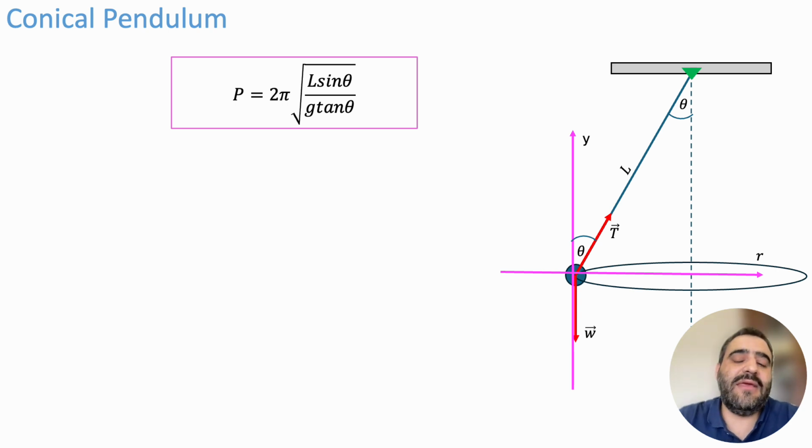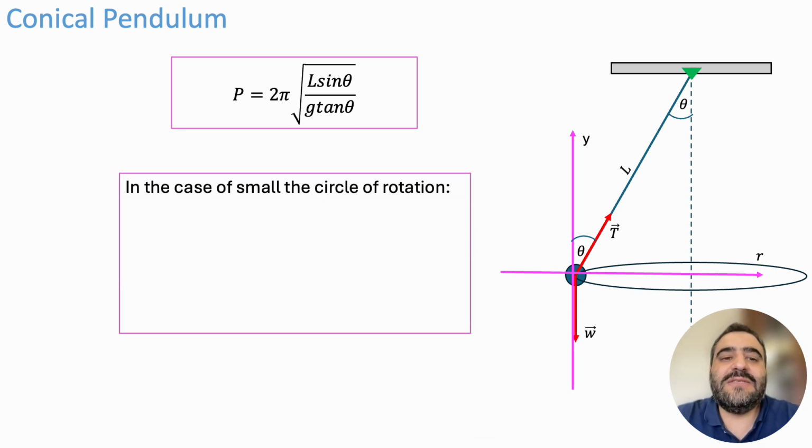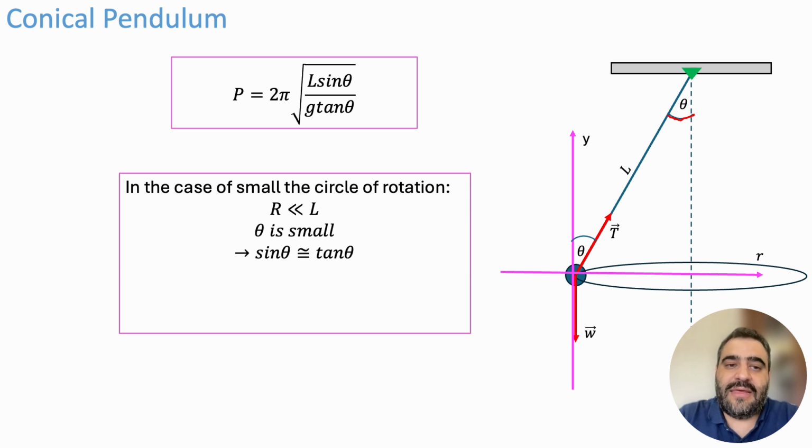But the interesting thing is that if we take a small circle of rotation, so the circle that the mass is rotating on, we make it small compared to the length. It means that the radius is much smaller than L. In this case, the angle theta is going to be small as well. And when the angle theta is small, I can approximate sine theta as equal to tangent theta.